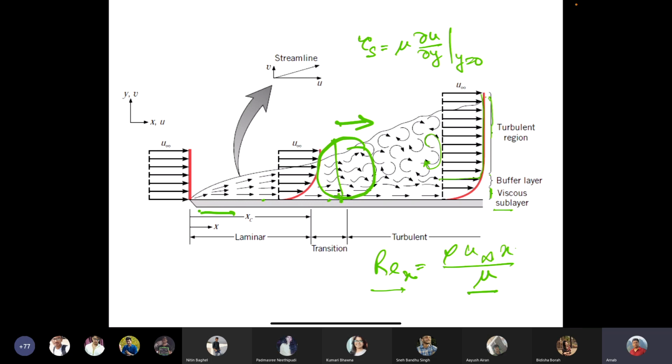So for a flat plate, this x is the distance from the leading edge, or usually we say x is the characteristic length. Say for a circular geometry, it is the diameter. For a flat plate, it is the length from the leading edge.